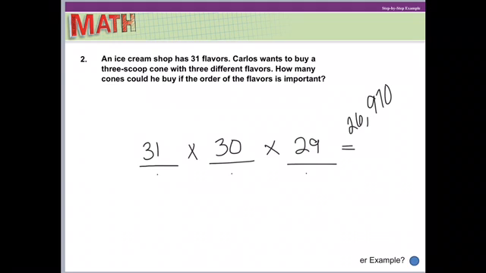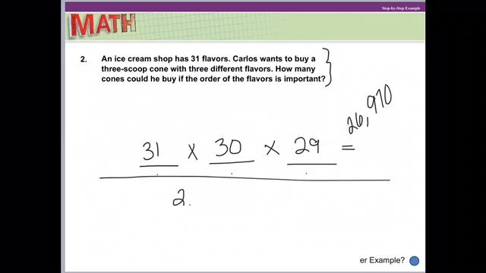So now to find permutations, if it wasn't written in a word problem like this, if it was just a skills practice problem, it would be written a little bit differently, obviously. So number 2, let's say, would be written as the permutation of 31, because there are 31 different options for the first one, but you only want to go until 3.